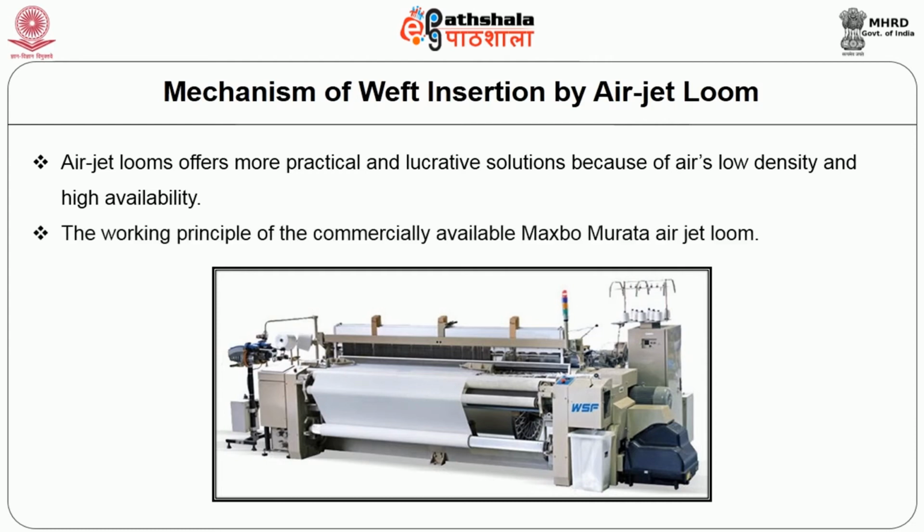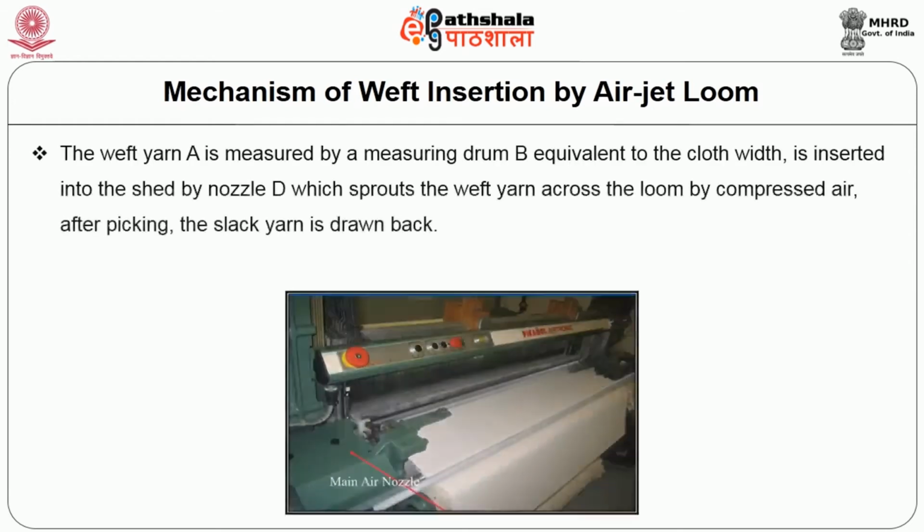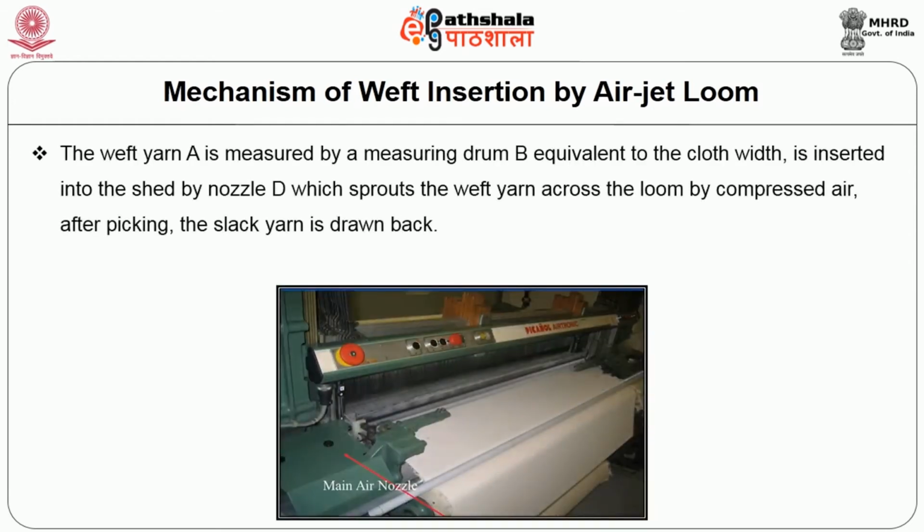The working principle of the commercially available Maximat Murata air jet is outlined below. A typical sequence of weft insertion on an air jet loom is as follows. The weft yarn A, measured by a measuring drum B equivalent to the cloth width, is inserted into the shed by nozzle D, which sprouts the weft yarn across the loom by compressed air.